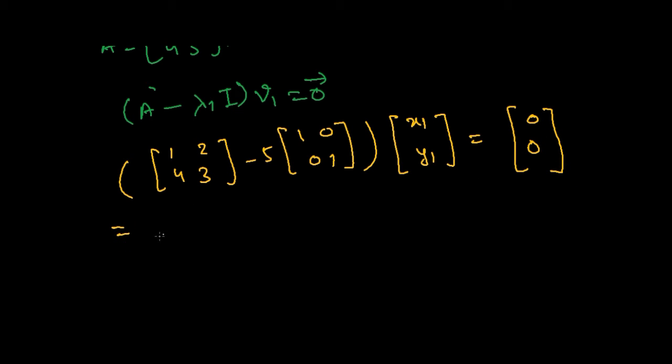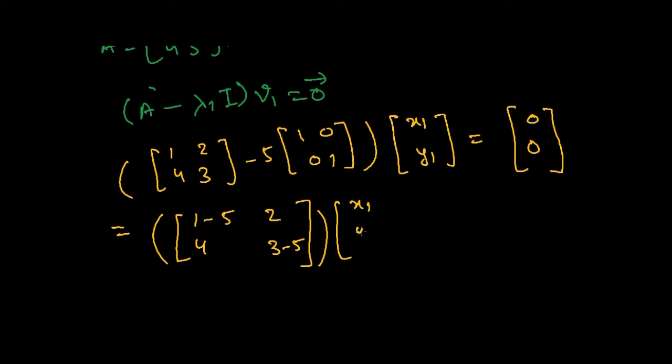We can simplify it further by writing [[1 minus 5, 2], [4, 3 minus 5]], multiplied by our eigenvector (x1, y1), equals (0, 0).